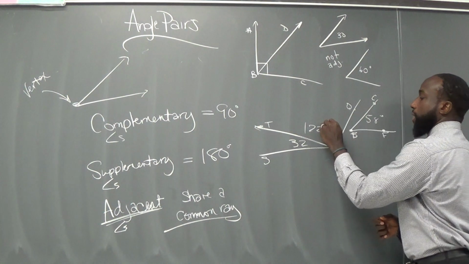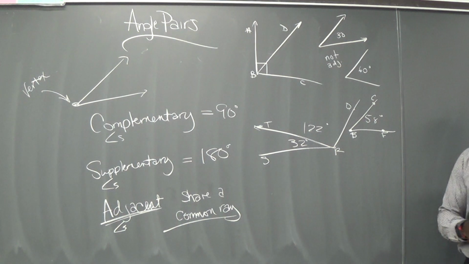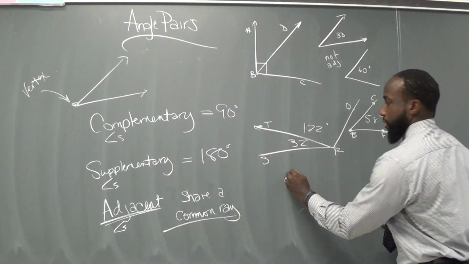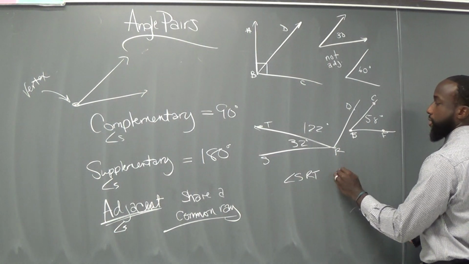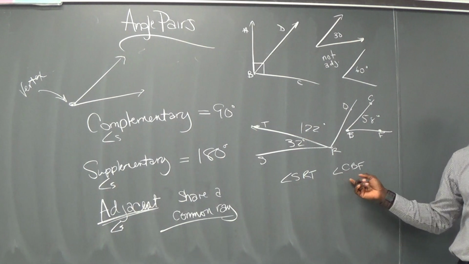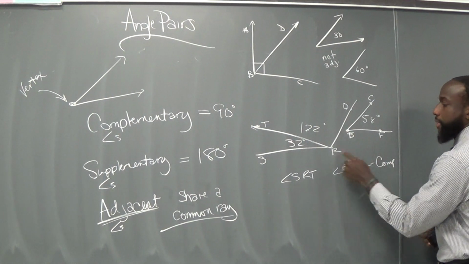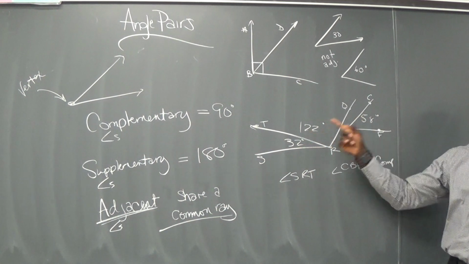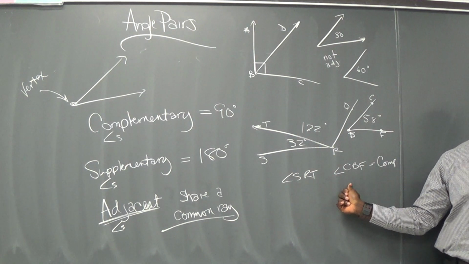Looking at these, can you find a pair of complementary angles here? Yes, sir. SRT and CBF. Angle SRT, that's this angle here, and angle CBF. So SRT is complementary to CBF. They're complementary because they equal 90 degrees. These two angles equal 90 degrees. Everybody good with that?